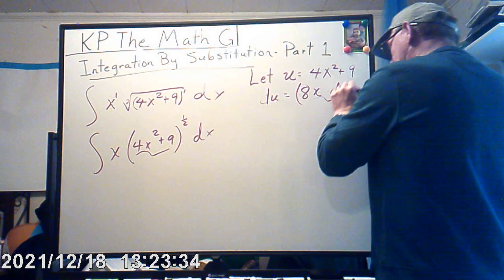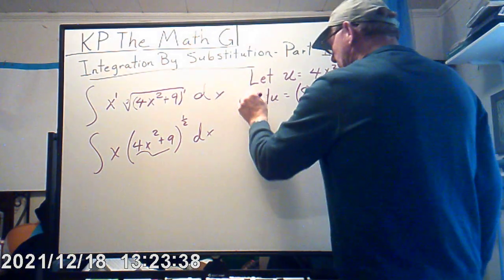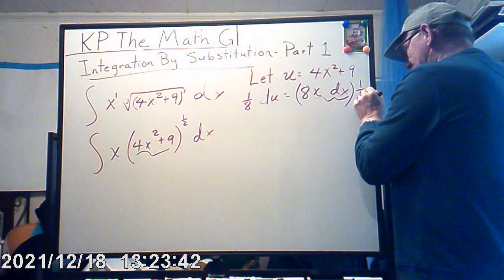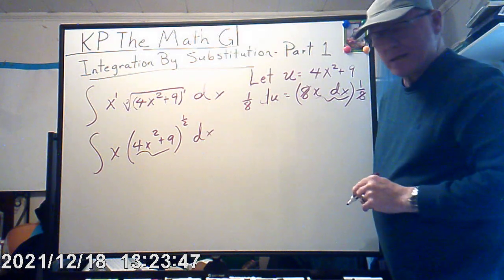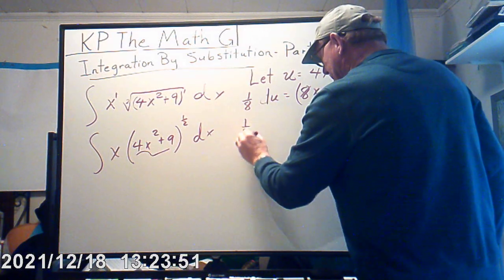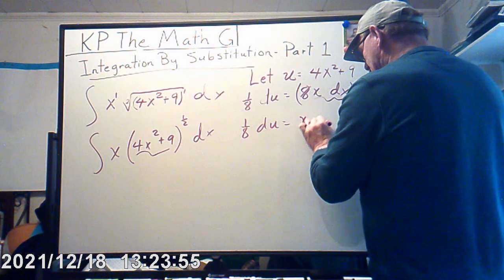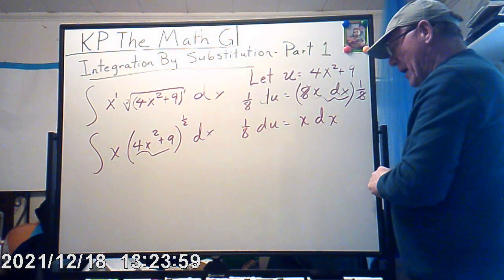So let's multiply by 1/8 on both sides. Then the 8s will divide out. Do you see that? And we are left with 1/8 du is equal to x dx.